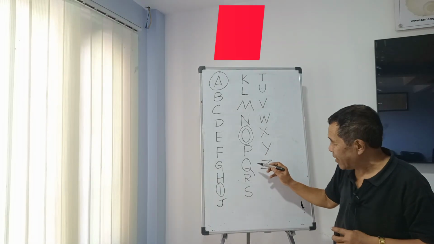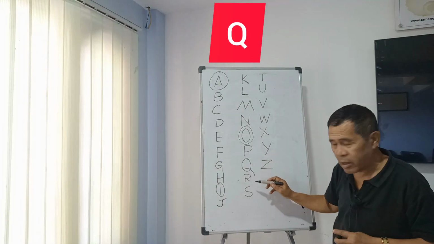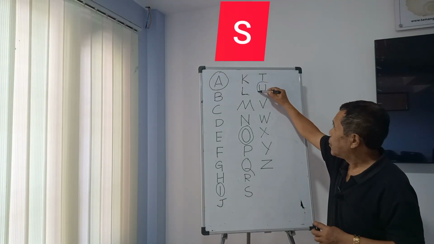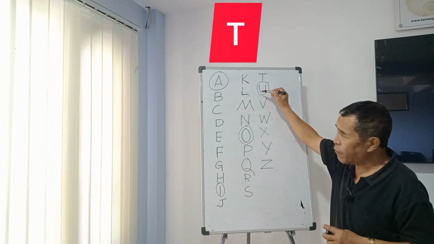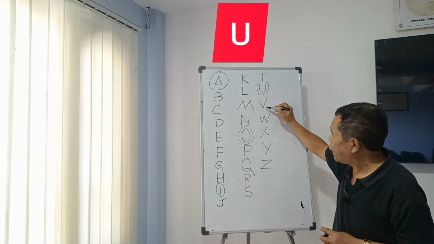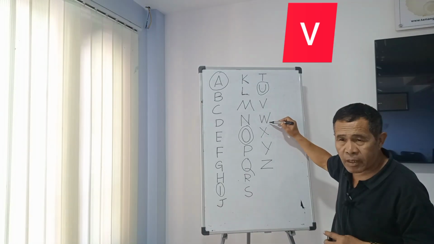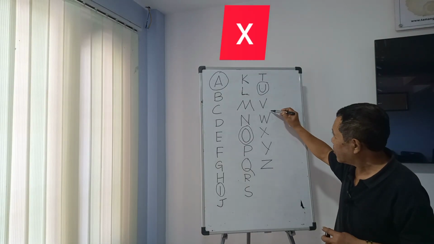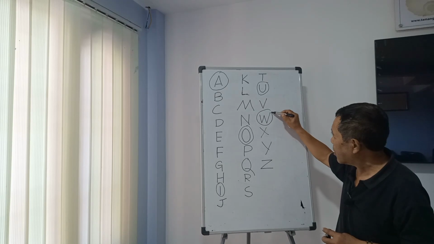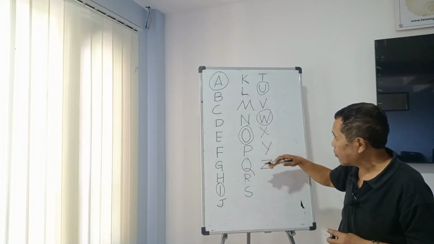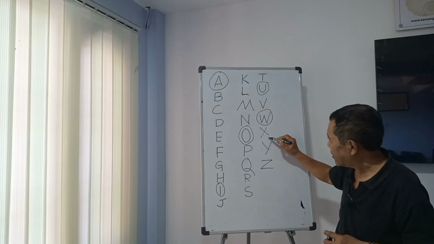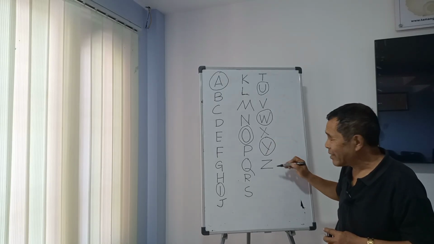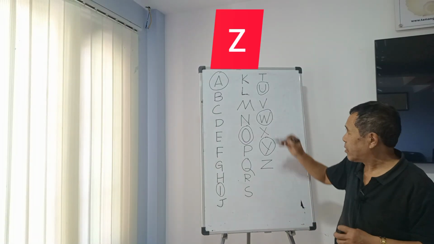Then P, Q, R, S, T, U. We call it a vowel letter. Then V, W, X. W I will talk about after explaining this one first. Then X, then Y, again I will talk about later. Z, I'll be talking about it after explaining these ones.